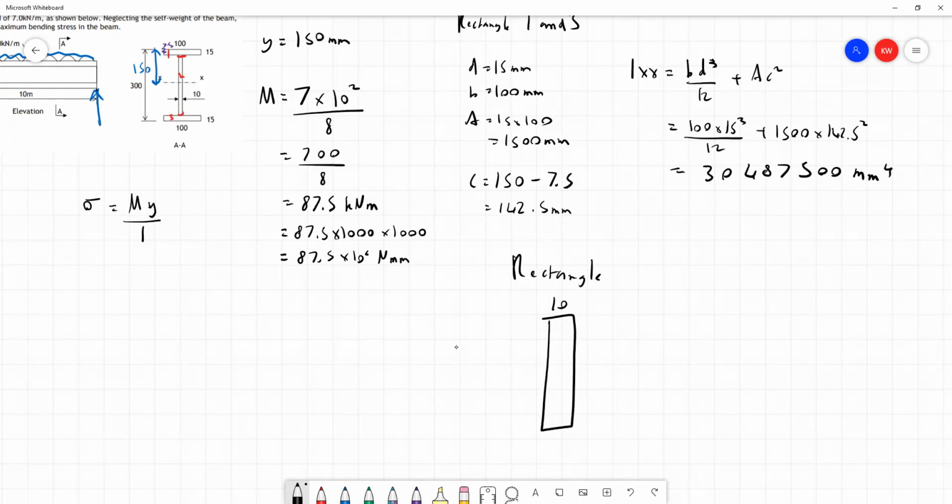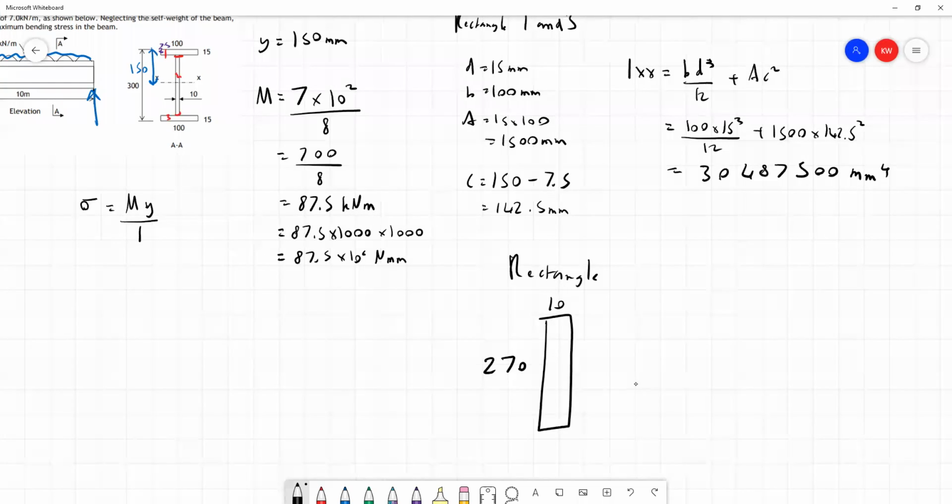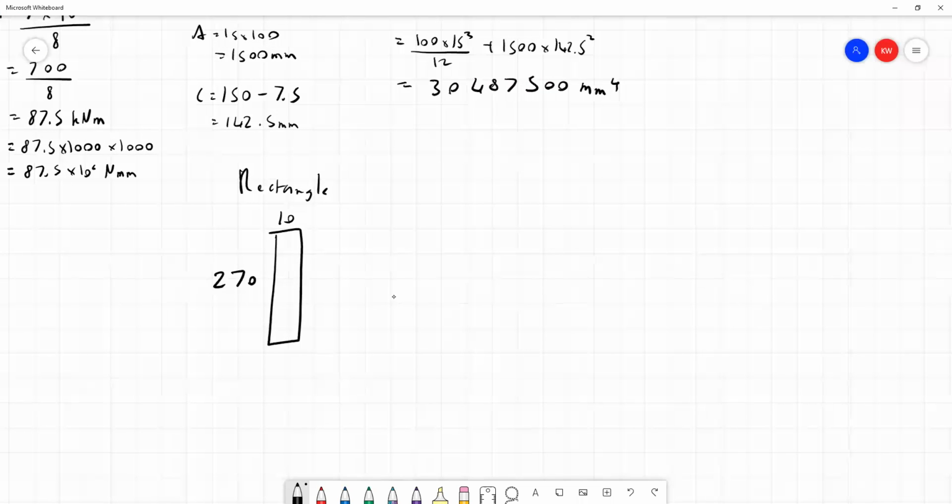So 300 minus 15 minus 15, which is 300 minus 30. So it says 270 as the height, or depth, I should say, of the area 2. And we just find this using our standard formula for a rectangle because it has the same XX centroid as the I-beam as a whole.